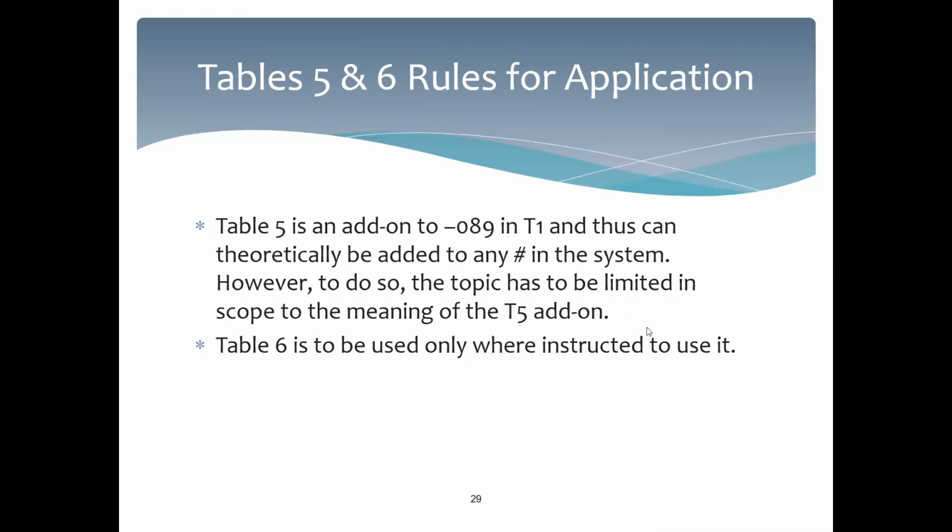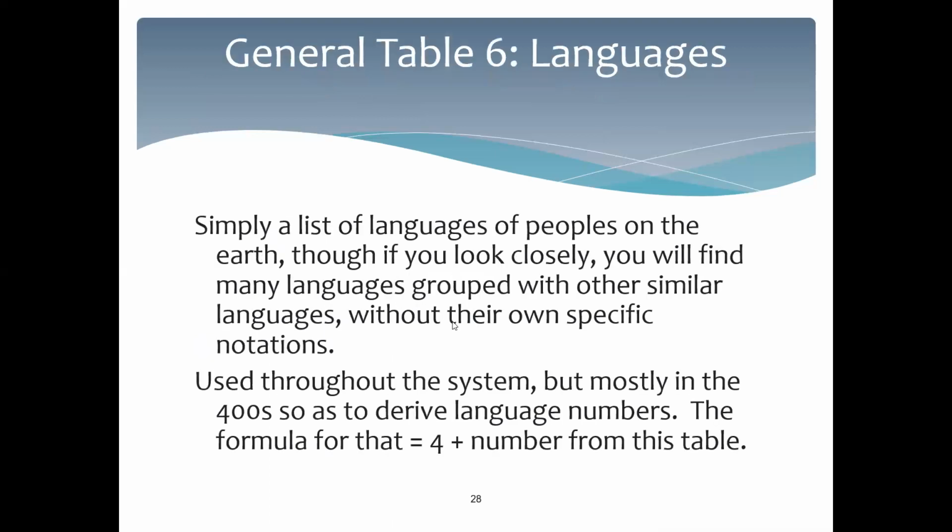Now, as you become more versed in Dewey and you have areas that you've been classifying a bit, you will probably know exactly when you can use Table 6, because you'll know you're working with languages. They'll be mostly in the 400s.